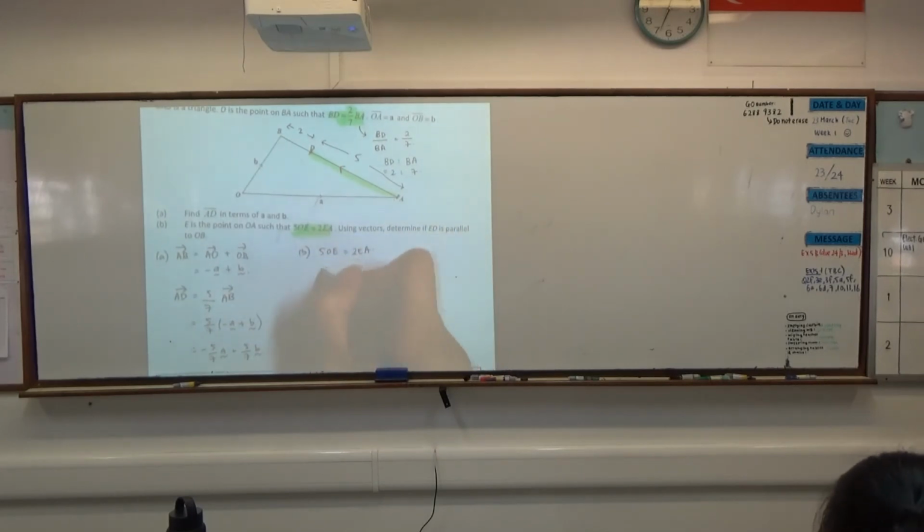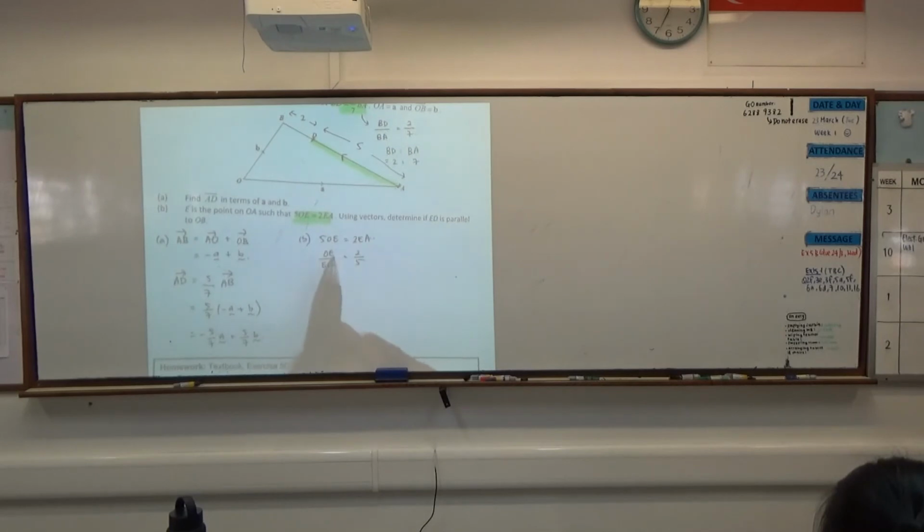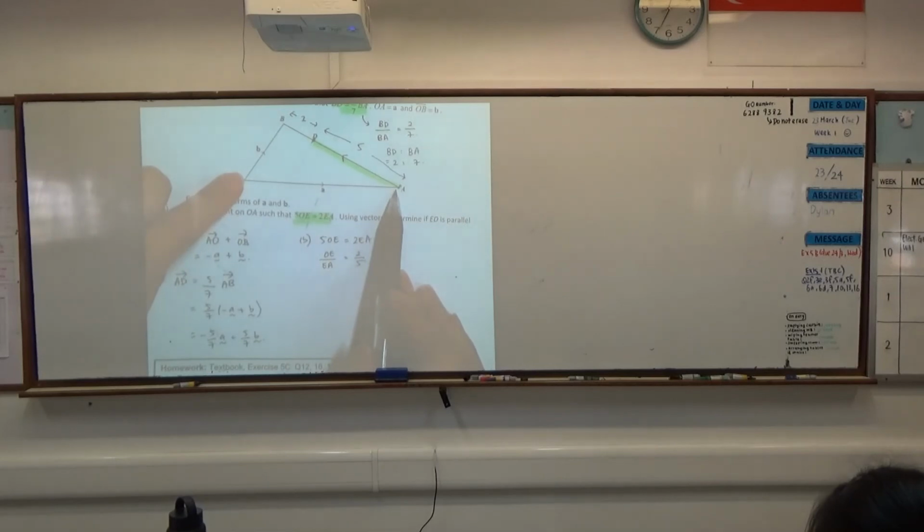If I were to shift things around, OE divided by EA equals 2 over 5. So OE to EA is in the ratio of 2 to 5. So 2 units for OE, 5 units for EA in the entire line of OA.